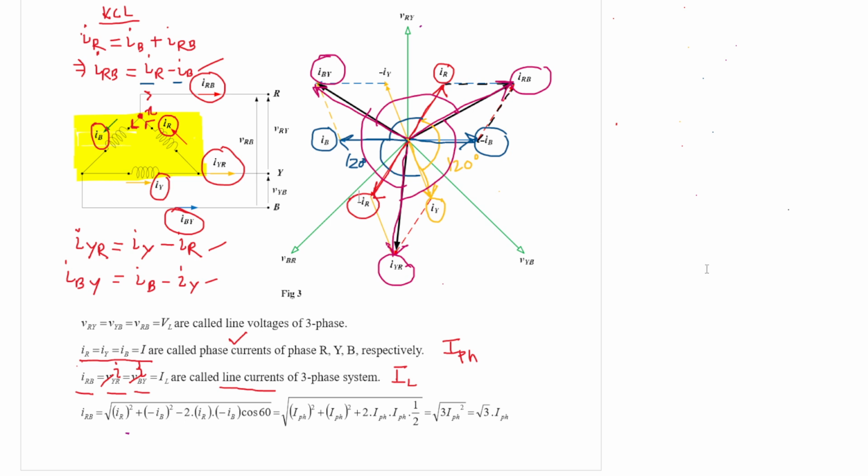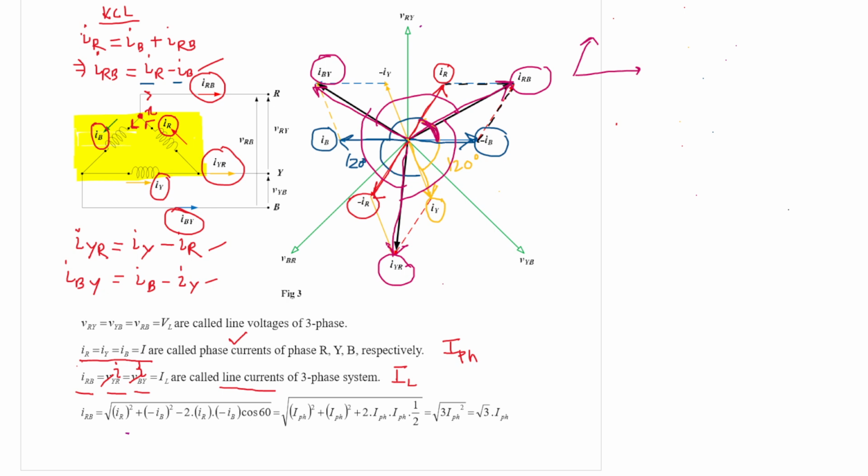So now if you want to calculate the relation of IRB with respect to IR and IB, we follow the parallelogram law. From this diagram, the angle between IR and minus IB is 60 degree.